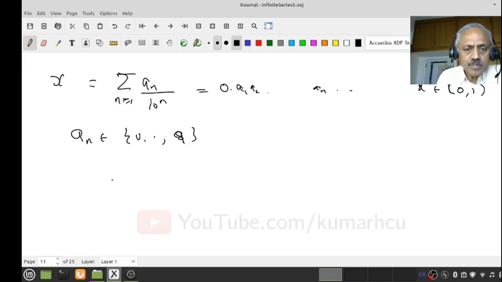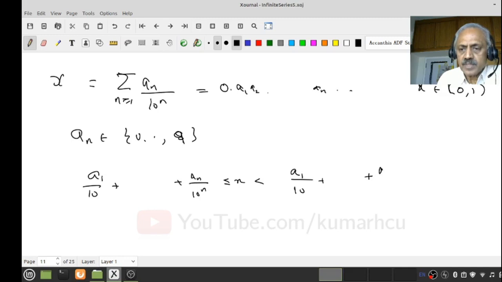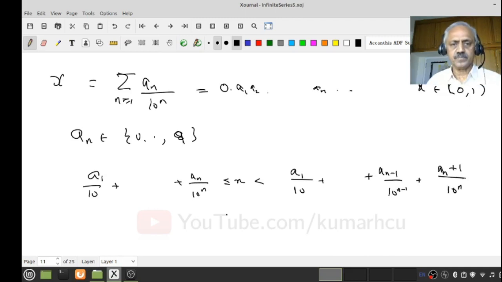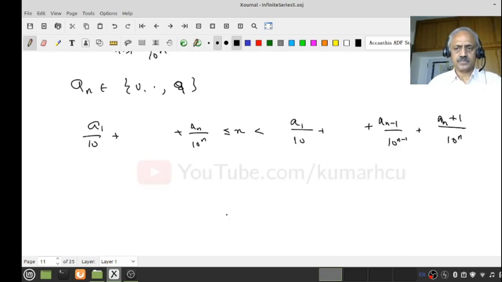And with what kind of property? That is a_n/10 is not equal to x and larger than a_1/10 + ... + a_{n-1}/10^{n-1} + a_n/10^n, strictly. It is a property that was shown, right?